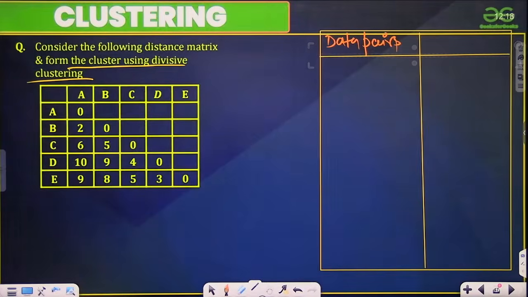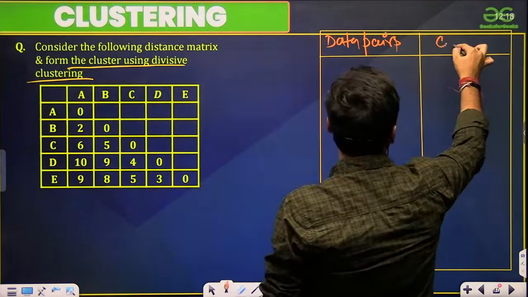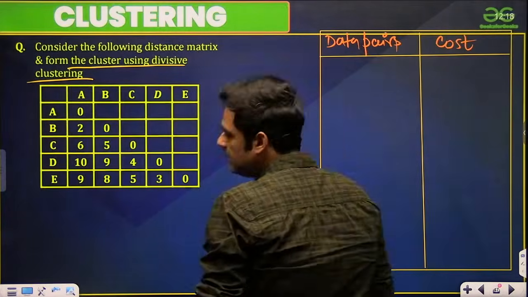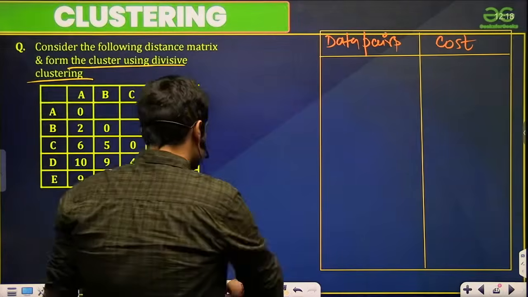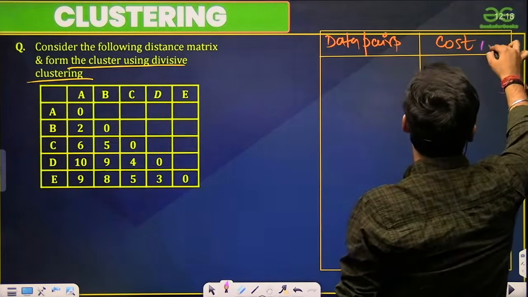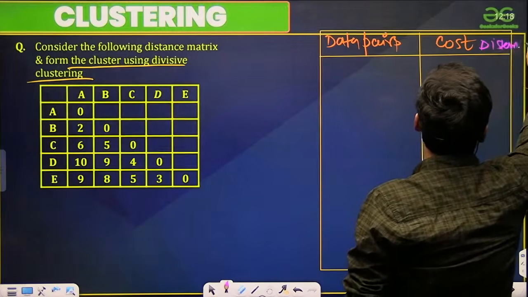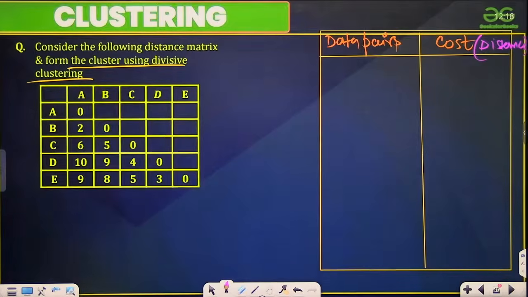So firstly we have to make data pairs along with the cost for creating the minimal spanning tree. अच्छा, what is the other name of cost? So that is also known as dissimilarity measure, or we can also call this as distance. ठीक है, आप इसको distance भी बोल सकते हो.